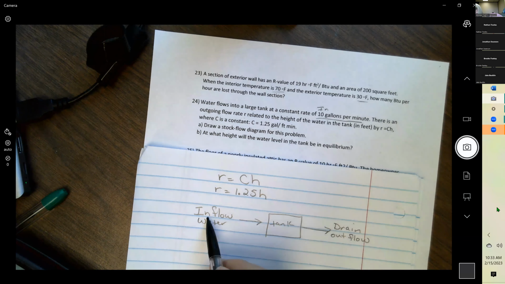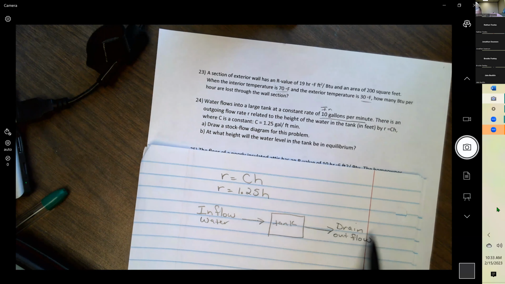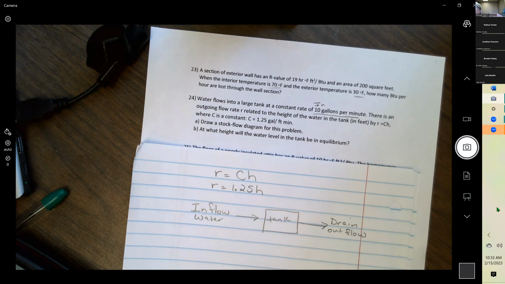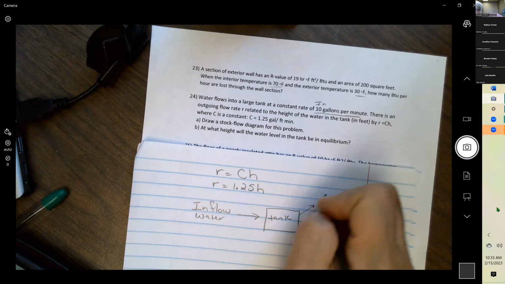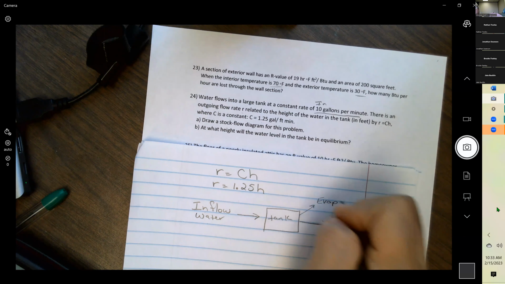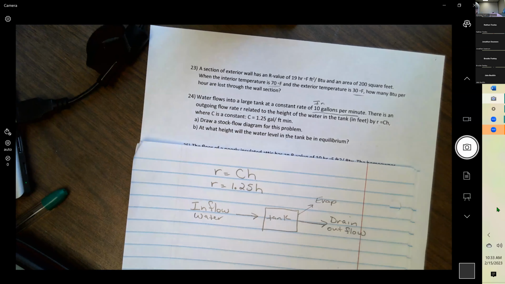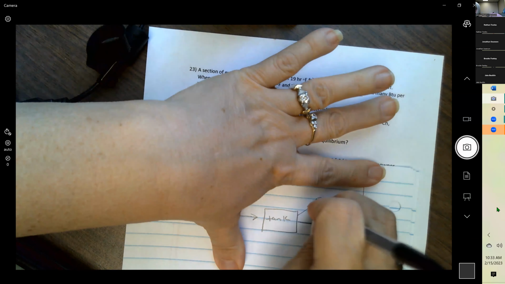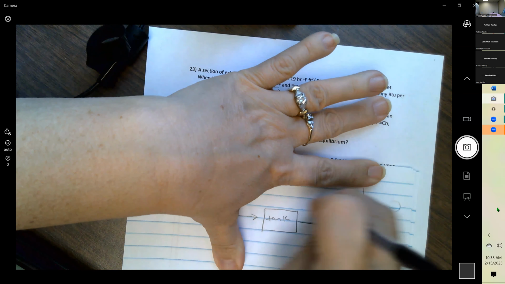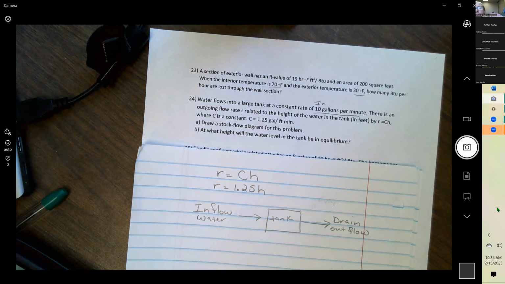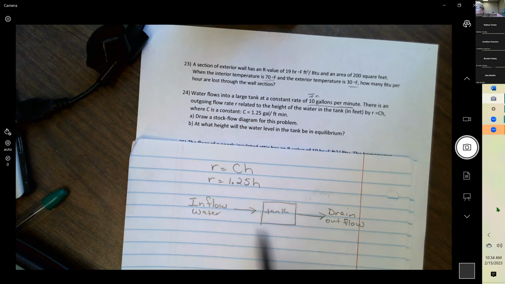So this is coming in, whether we're putting it in or from the spigot, and then out. It doesn't need to be fancy. Just if there was more than one way of going out, then make sure you show that. Like if they had the drain and they had evaporation, but they don't in this one. But if they did, then you'd show both. If you can draw a basic one, then when you see the more detailed ones, you should be able to understand it. So that's all I'm looking for.